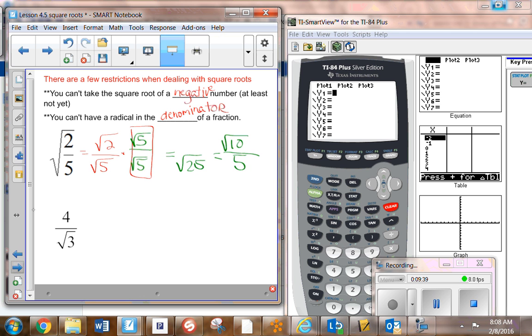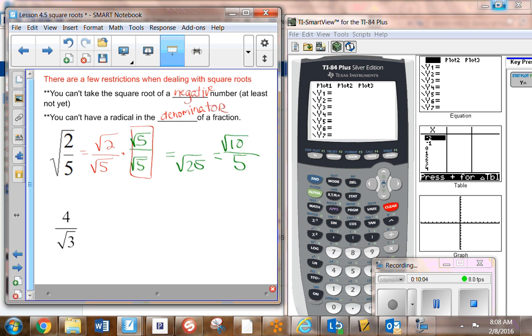Let's do another one of those. So if you had 4 over the square root of 3, what form of 1 would you like to use in this problem? What's that? Well, you need to get the square root of 3 off the bottom. We're still going to multiply by a 1.